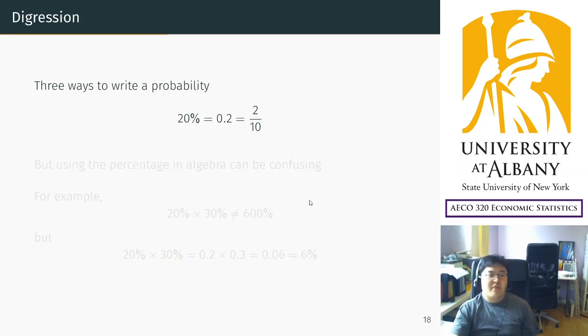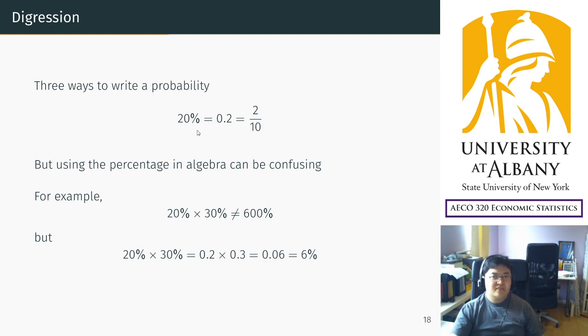And in this case, by the way, there are three different ways to write a probability. You may use percentage, decimal, or fractions, but they are mathematically equivalent. There is no difference. I may switch between them within an equation or between lines. But one caution is that using percentage in algebra can be a problem.